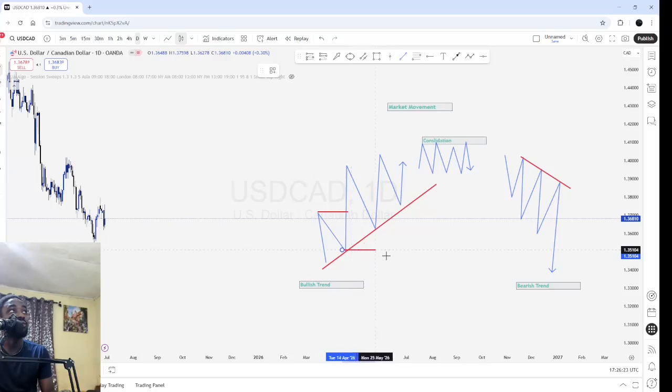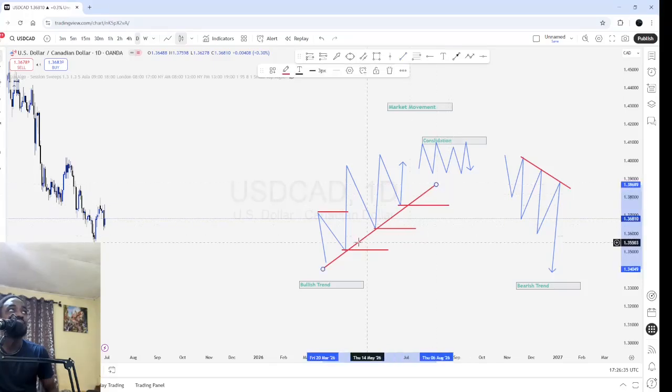It doesn't break this side again, and it won't break this side again. Do you get me? It just keeps on going, like climbing a ladder. I call this one a ladder. I don't call it a trend line, I call it a ladder.